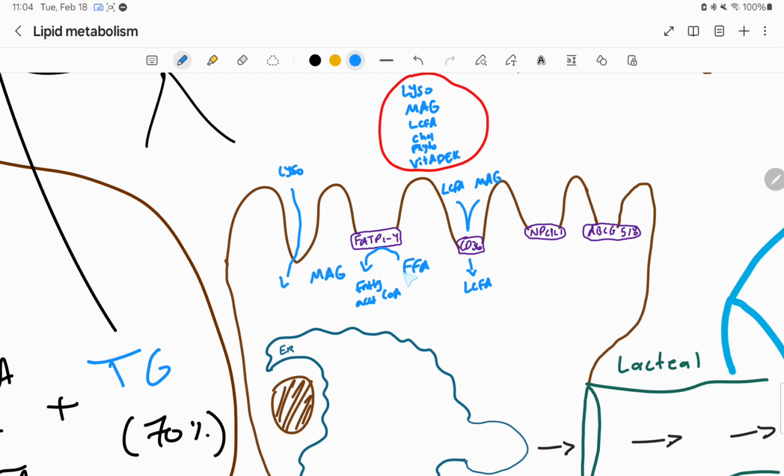I'll tell you how. Because it's changing the concentration gradient. By decreasing the amount of free fatty acids available inside of this enterocyte, by turning it into fatty acid CoA, it maintains a steady concentration gradient for any fatty acids out here to be able to come in, either via the protein independent or protein dependent model. So that's how FATP1 is facilitating greater absorption.